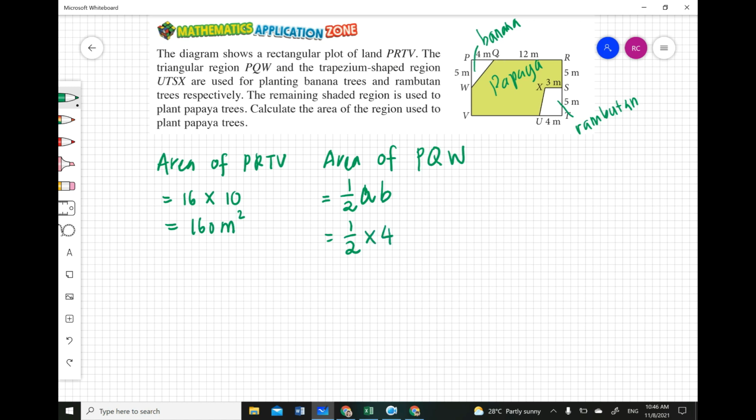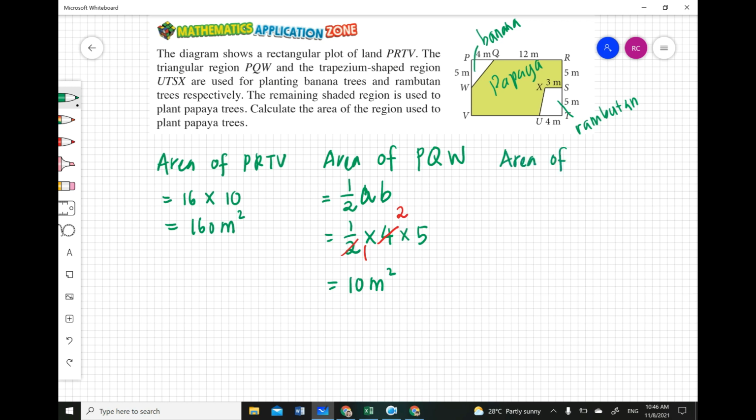Okay, and the height is 5. So you simplify it. 2 times 1, 2. 2 times 2, 4. The answer for 2 times 5 is 10 meters squared. Okay, I wrote too fast already. 10 meters squared. So we found the second one. Now we need to find what?